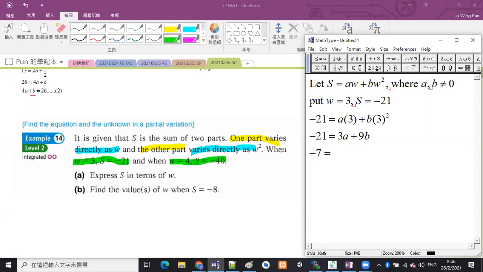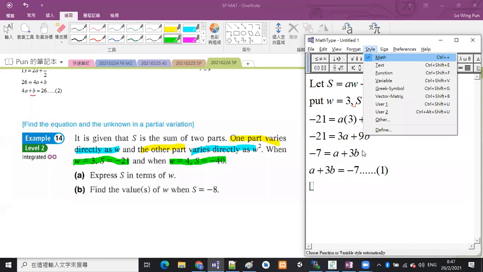And then 3A over 3 is 1A. Plus 9B over 3 is 3B. Okay, until there is no more common factor.